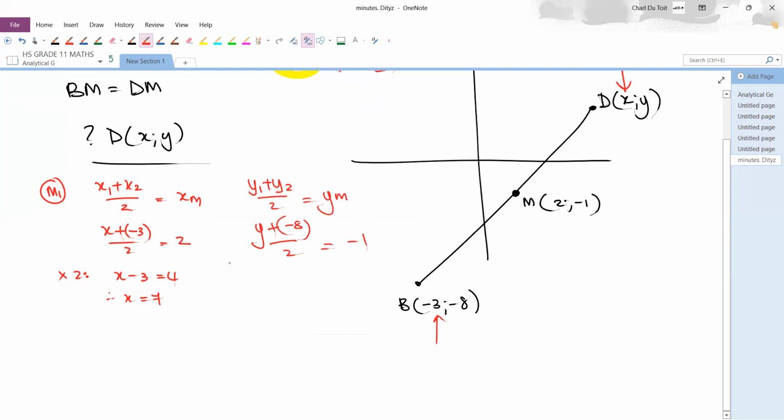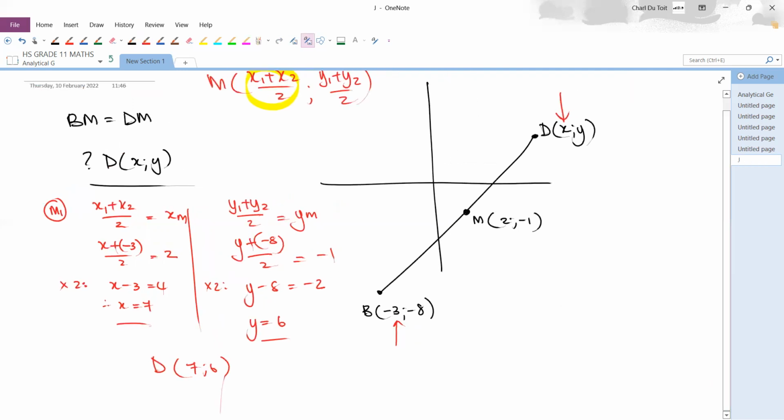I multiply with 2 through. I get y minus 8 is -2, so y equals 6. So the D coordinate is 7 and 6. Please do that, or write it down.